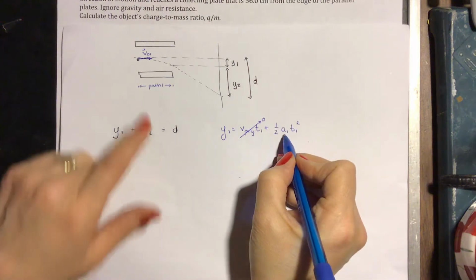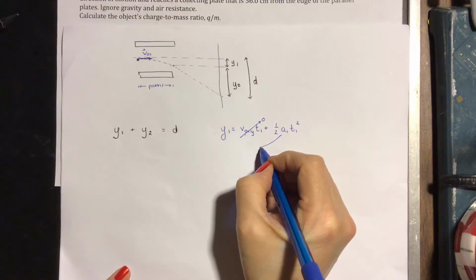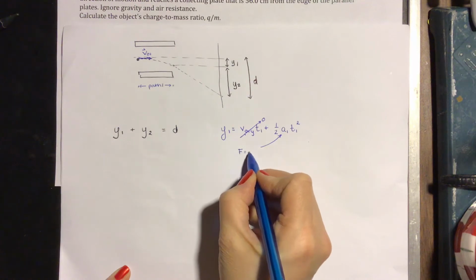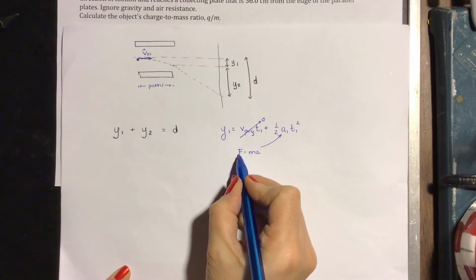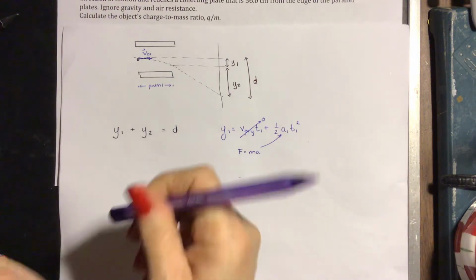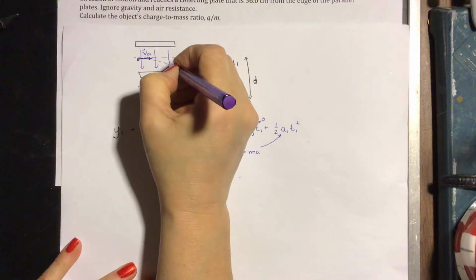a1 is the y component of the acceleration when it's between the two plates. So let's find a1. Well, we know force is mass times acceleration. The force on the object is the electric force. The electric field points down, so the electric force is going to point down.